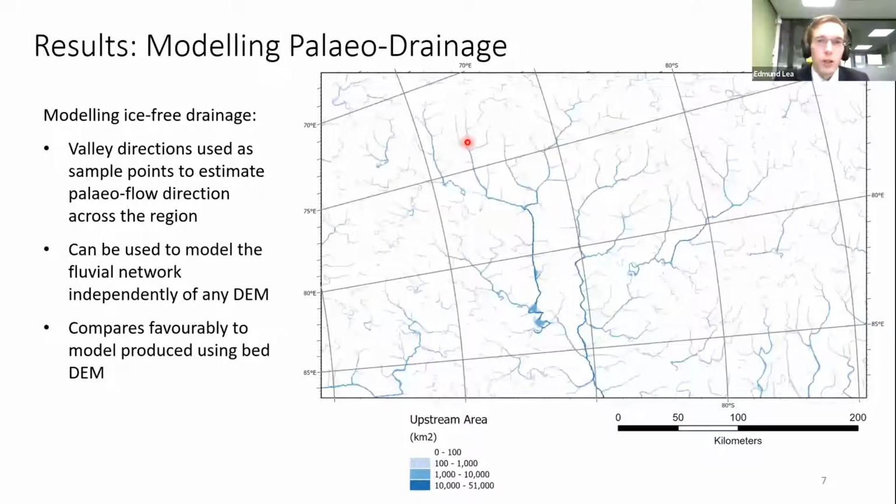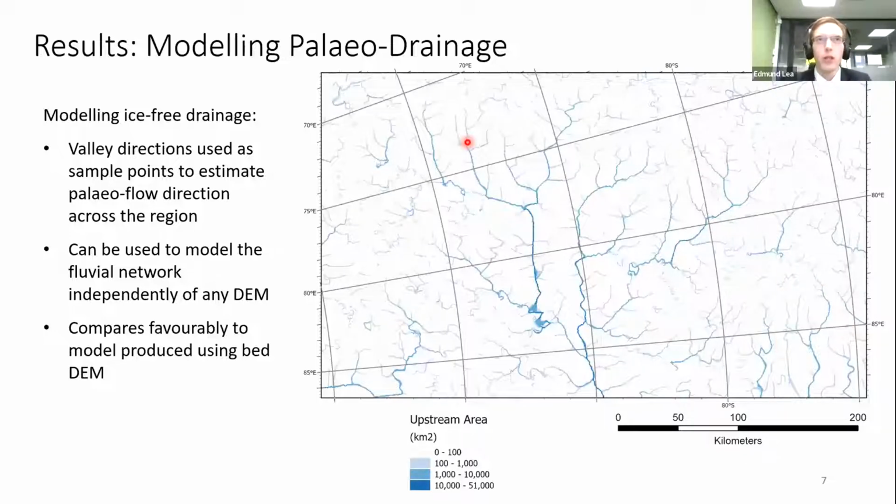Okay, so this is the last thing that I'm going to show you today. There is the potential from the data we have to start to model the paleo drainage.